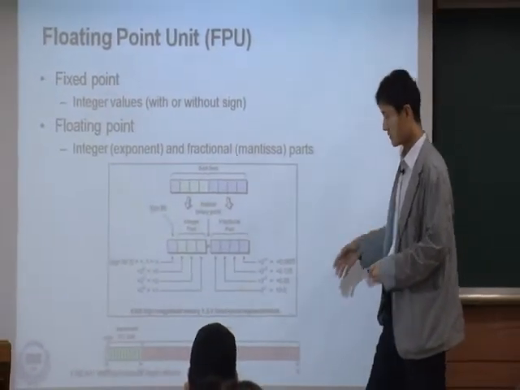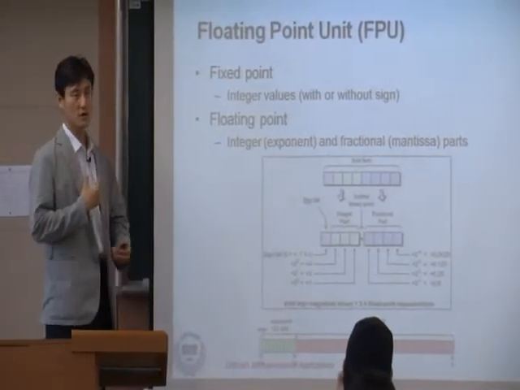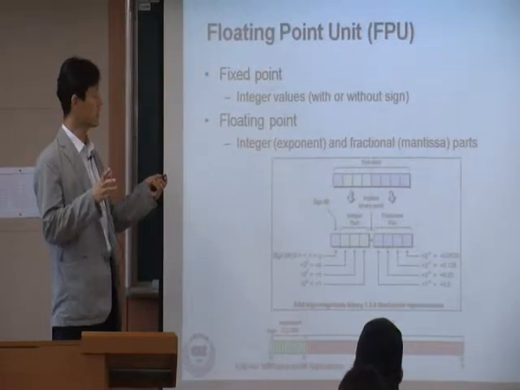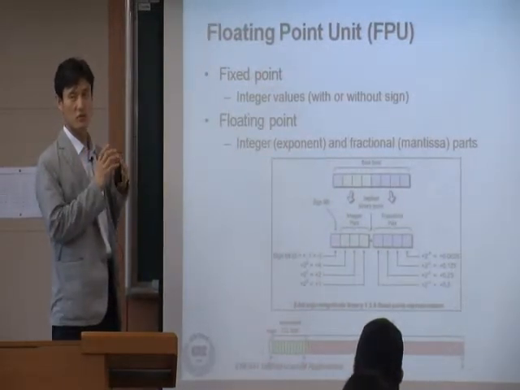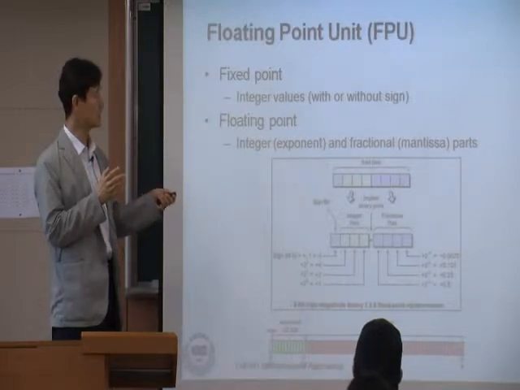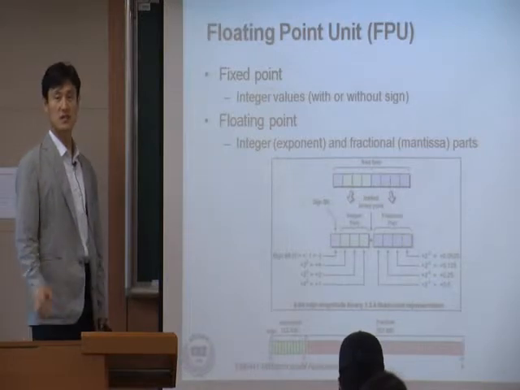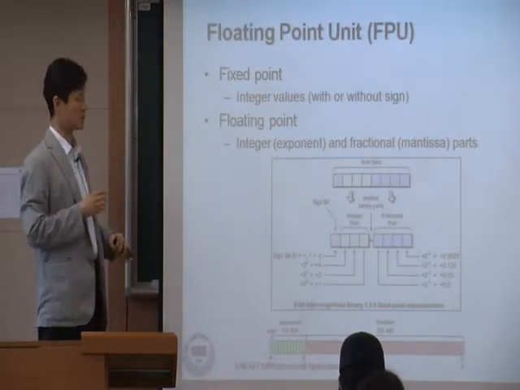At this point, just remember that there are fixed point DSP processors and floating point processors. The details about floating point will be covered next semester in the DSP course.